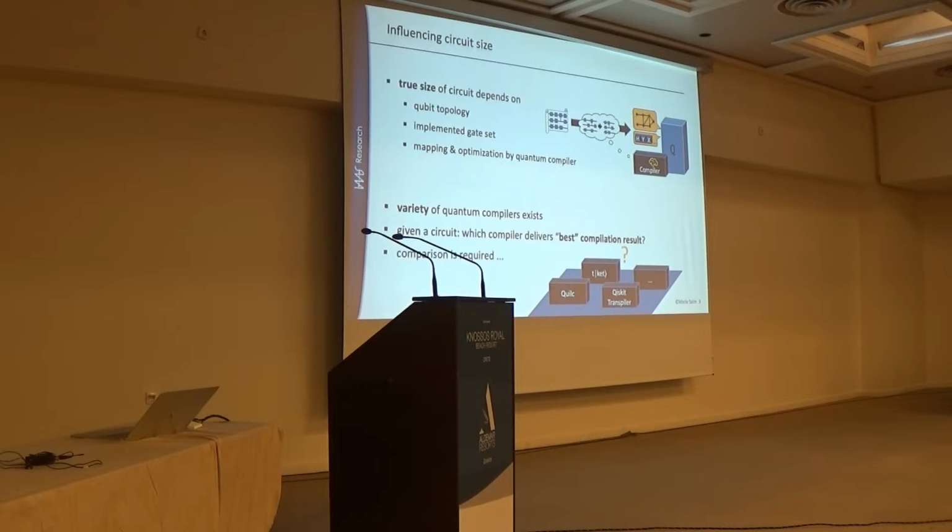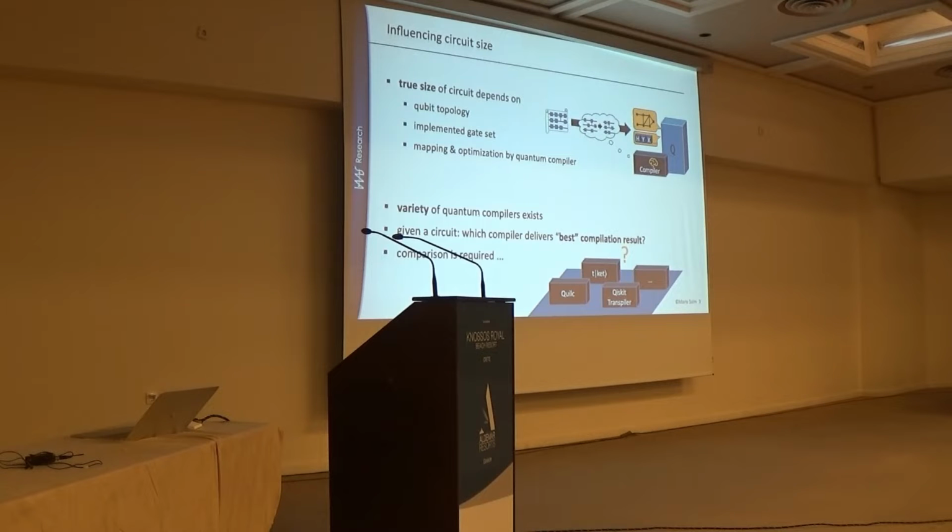And I think the simplest case for this is just take my input circuit and use the different available quantum compilers to have a look at the compilation results and enable a comparison between the different compilation results to then use the most optimized one.